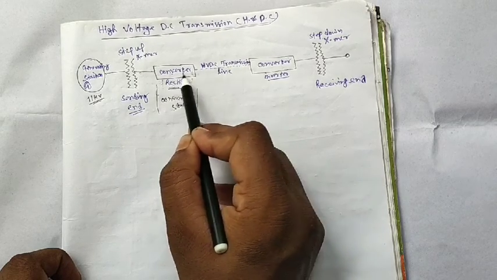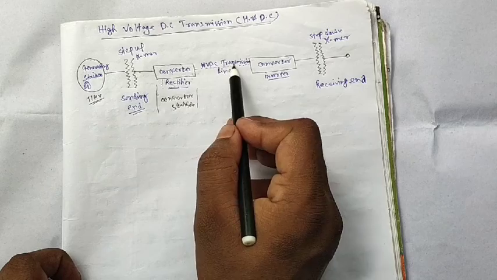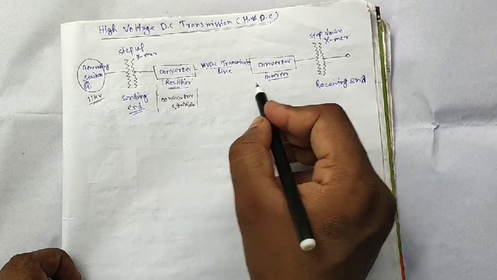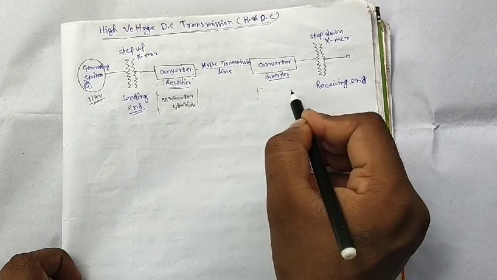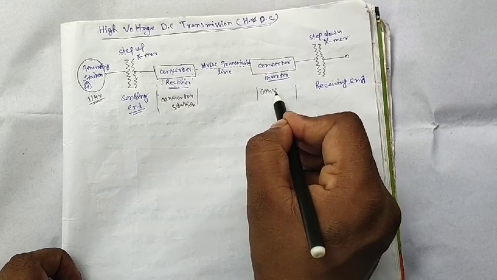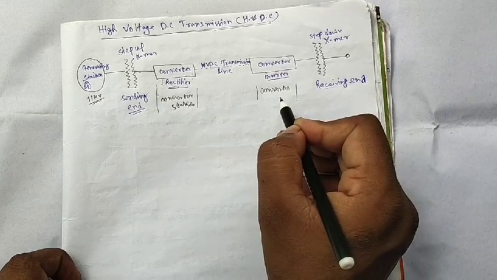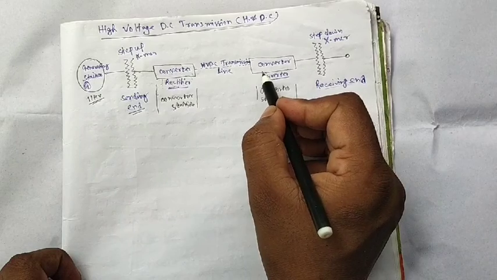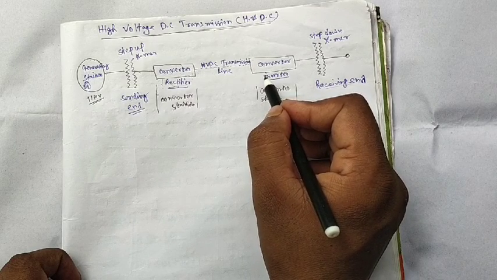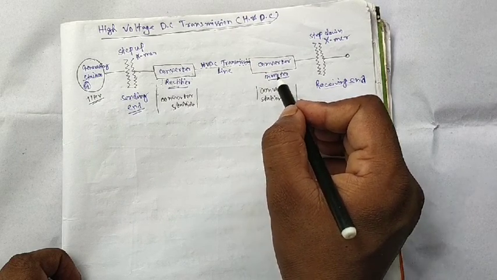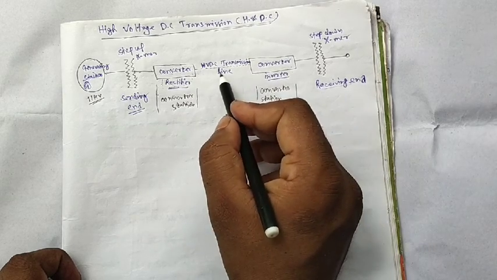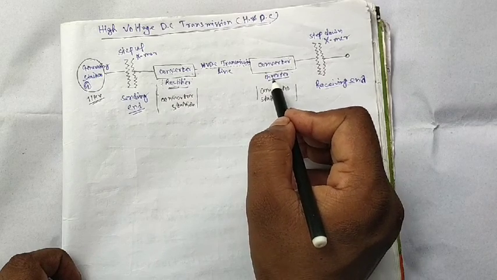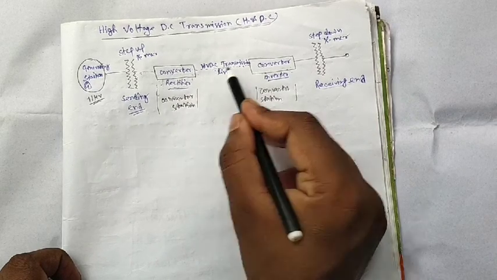Then we transmit this DC power. This is the transmission line, suppose a long distance transmission line, and we transmit only DC. Then at the receiving end there is again a converter station. Here we need an AC voltage, but the incoming current is DC, so we use an inverter, because an inverter converts DC into AC.